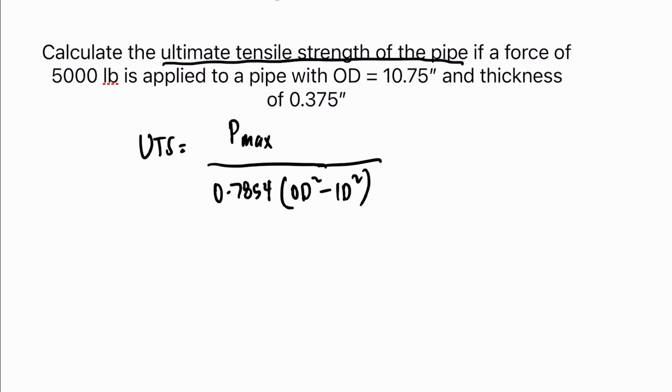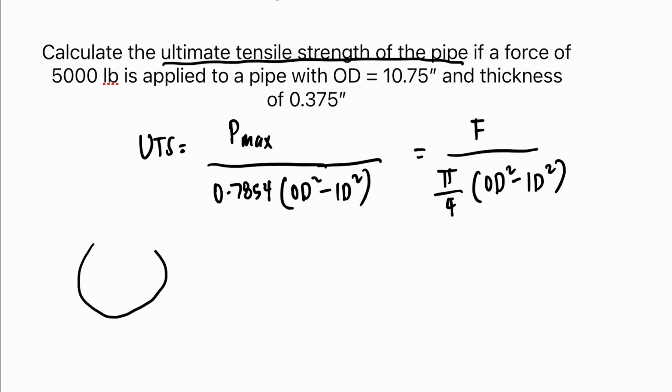So this is just the maximum force over the cross-section of the pipe, which is pi over 4 times its outside diameter squared minus the inside diameter squared, because as you can see, the pipe has a hollow cross-section, meaning the inside diameter is hollow and you have a thickness here, so that you will utilize that thickness in this equation as well.